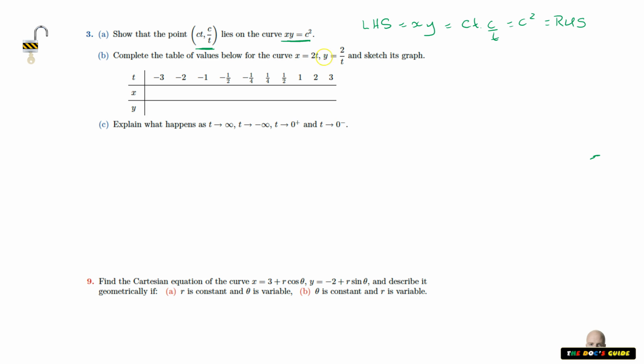Part B, we need to complete this table and sketch the curve. Now I'll just fill these values in, so different values of t, I'll work out the values of x and y, and then we'll plot the points. So we calculate the values by substitution.